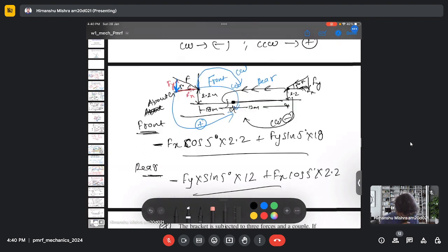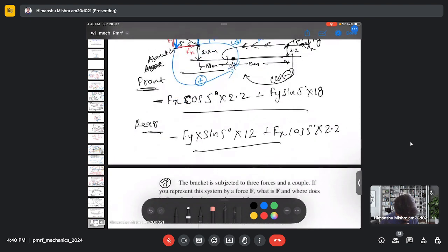So it will be Fx cos 5 multiplied by 2.2 plus Fy sine 5 multiplied by 18 minus Fy sine 5 multiplied by 12 plus Fx cos 5 multiplied by 2.2.